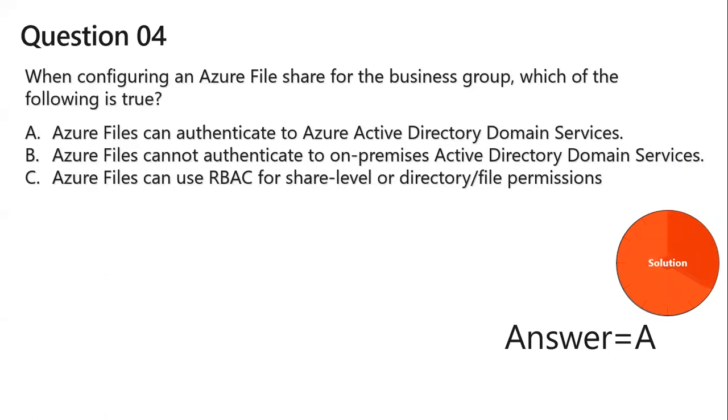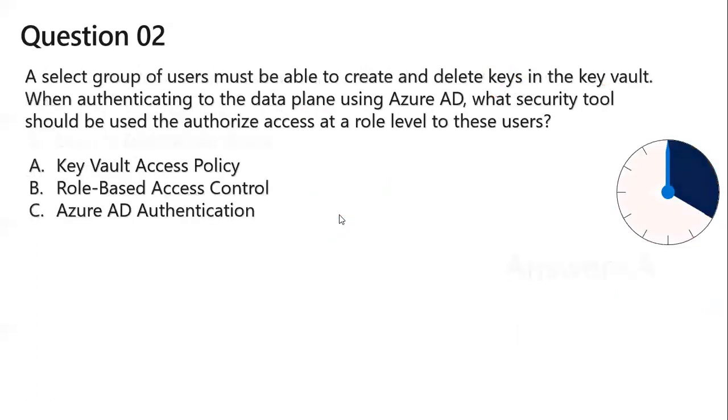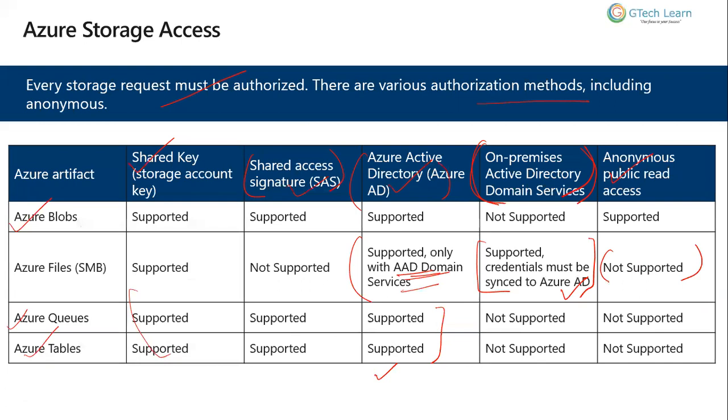Okay, so for this one, Azure Files can authenticate to Active Directory Domain Services. Let's discuss this answer. As I showed you on the chart, let me come back to that slide, and here you can see that when we are talking about Azure Files, it is supported only with AAD Domain Services.